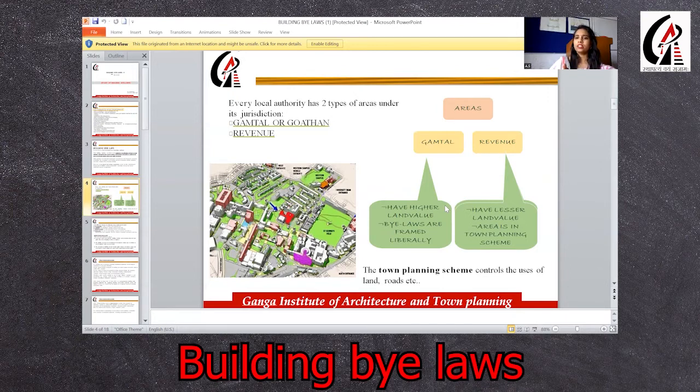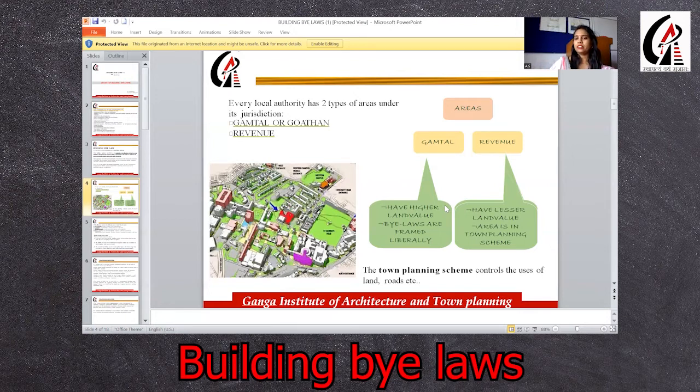The second one is the rural area, in which we apply the town planning scheme as per the area, having lesser land value. Obviously, for rural areas we have lesser land value, and for urban areas we have higher land value.